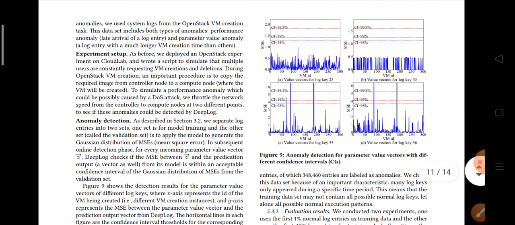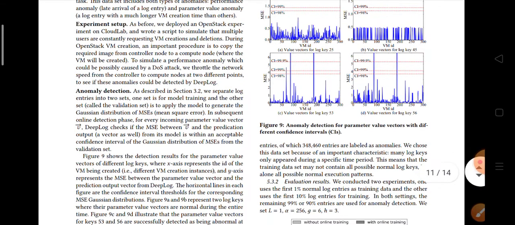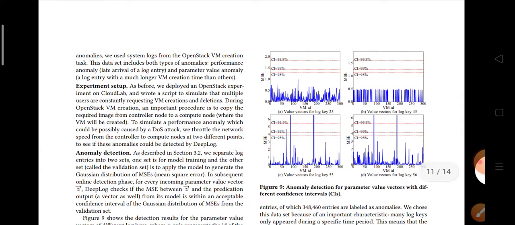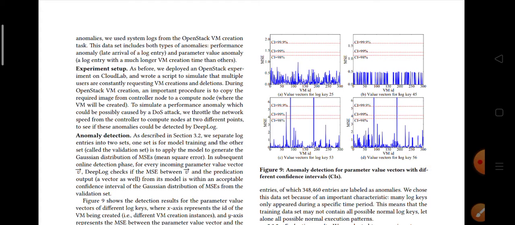One more important parameter is the parameter vector length. How many values you are taking for your parameter vector also has an impact on accuracy, because we have two models for anomaly detection, right? See in this graph they use 25 and 45.